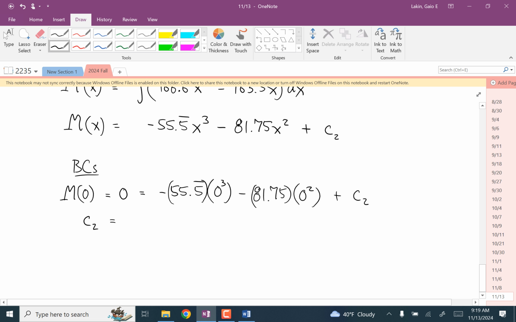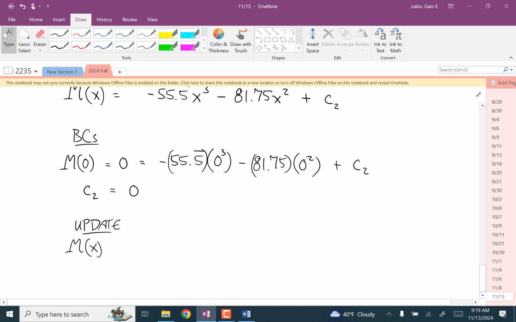And so c2 is equal to 0, and we get that M as a function of x, this is my updated function after the boundary conditions, M is equal to negative 55.5 repeating x cubed minus 81.75 x squared. c2 is 0. So there you go.